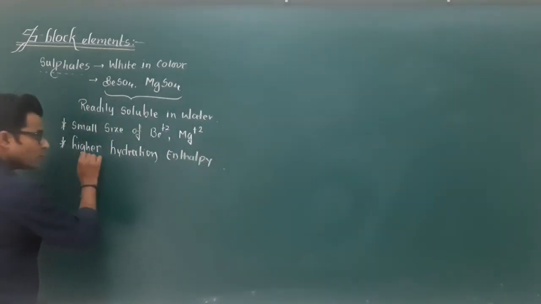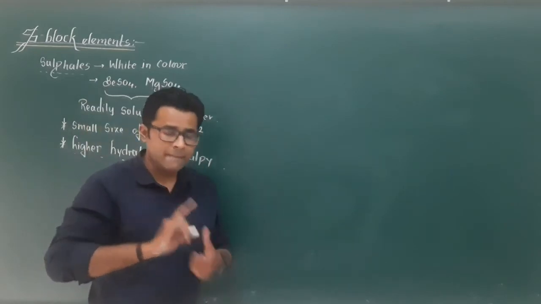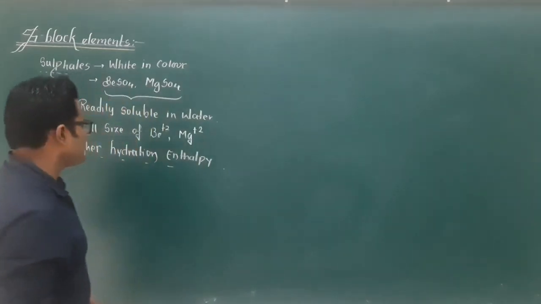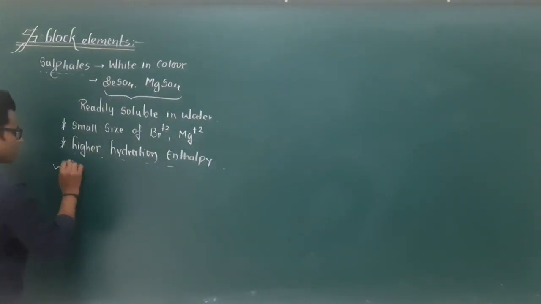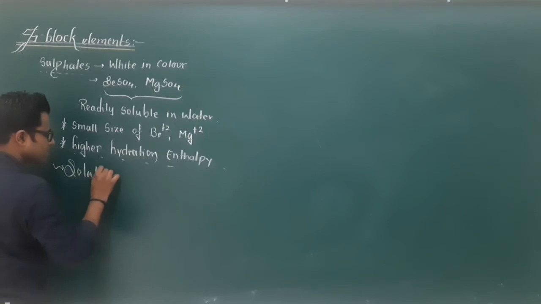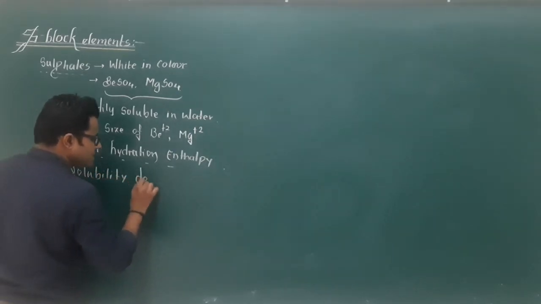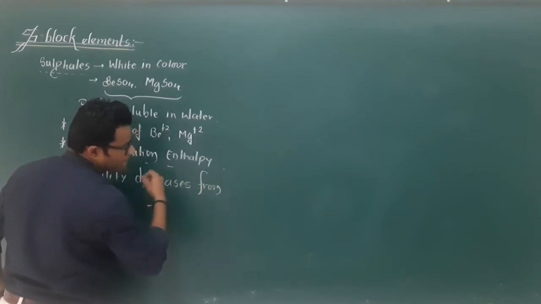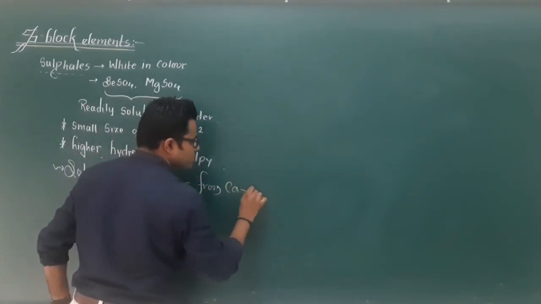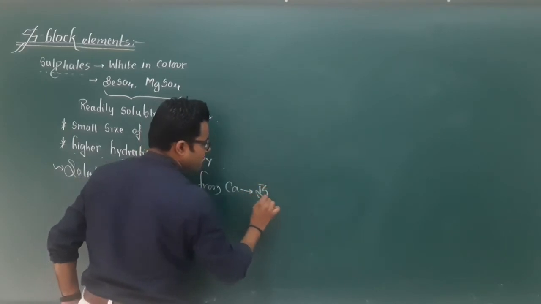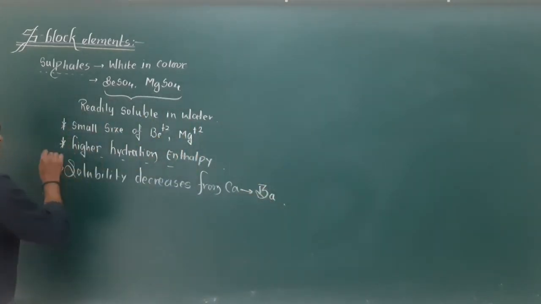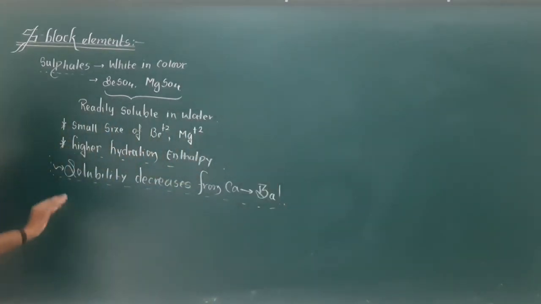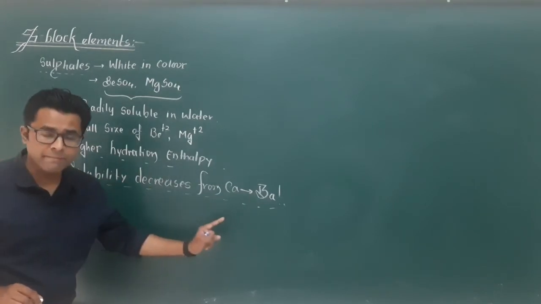Because of these two reasons, magnesium sulfate and beryllium sulfate are easily soluble in water, while the solubility decreases from calcium to barium. So these are the things we have to remember.